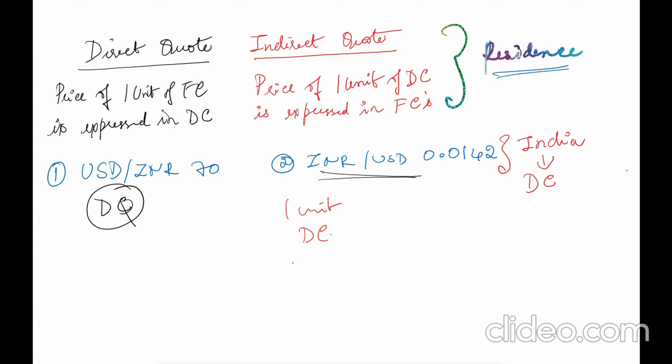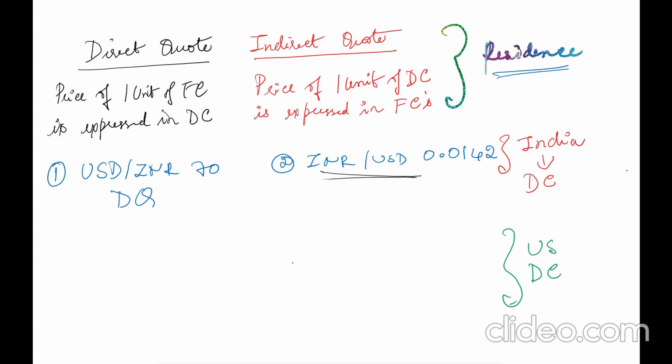Now this was in terms of India, if India is considered as the domestic currency. Let us now consider US as our domestic currency. I will use a different shade. What happens? In case of India, USD INR we called a direct quote, and INR USD we understood was an indirect quote with respect to India.